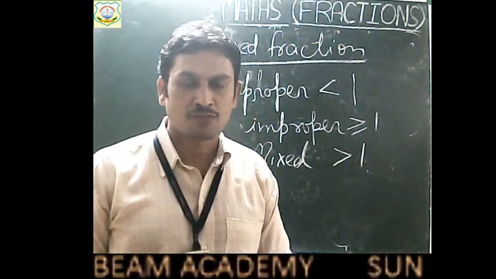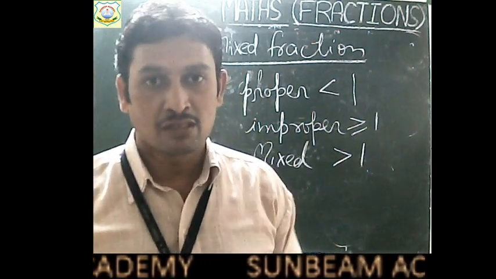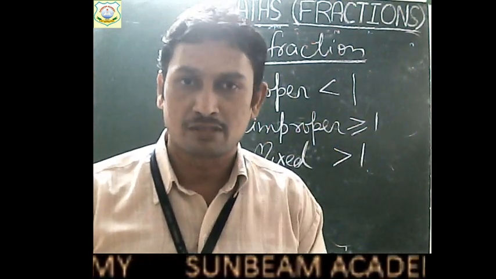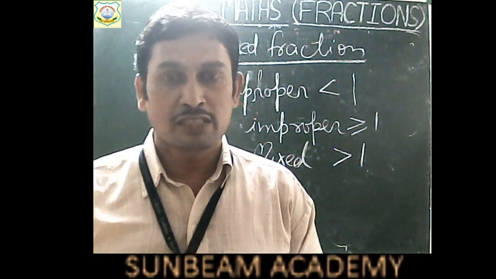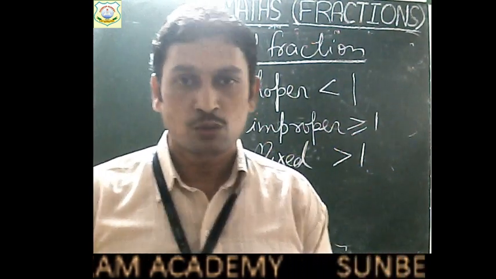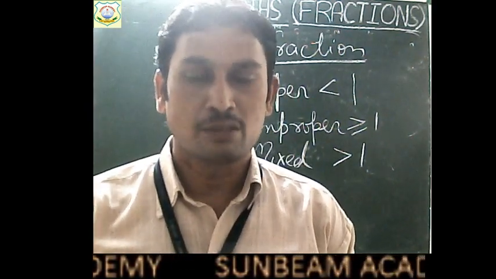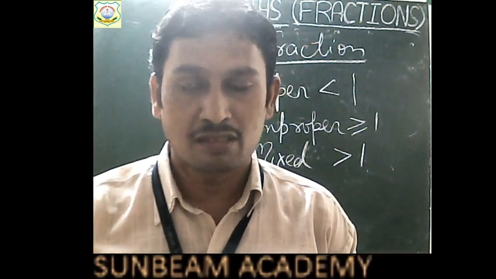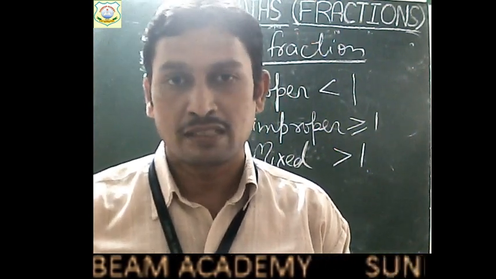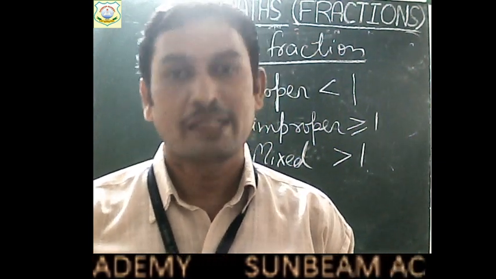Clear, children? So now children, you can see mixed fractions are also greater than 1, improper fractions are also greater than 1. So can we convert a mixed fraction into an improper fraction or an improper fraction into a mixed fraction? Do you want to know children? So let me tell you. We can convert a mixed fraction into an improper fraction and an improper fraction into a mixed fraction. That is possible. How? So let us see now.